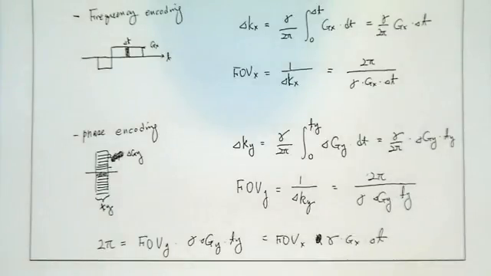So this is the phase accrual over the field of view, and it has to be exactly 2 pi. Across the field of view in y and in x, the phase accrual should be equal to 2 pi.